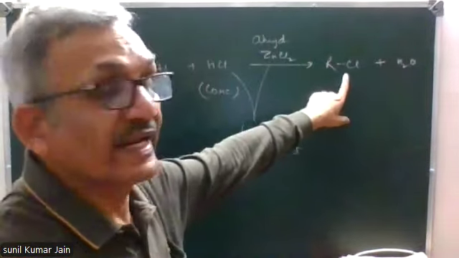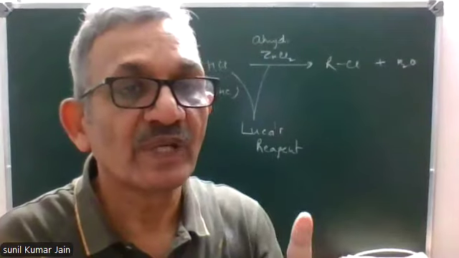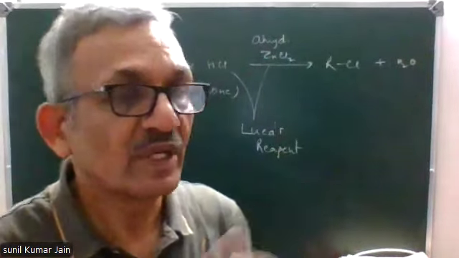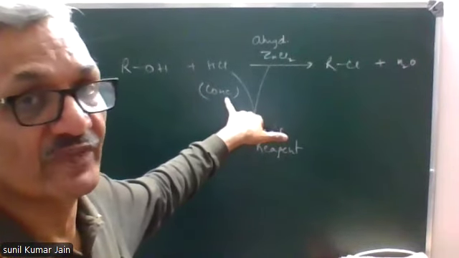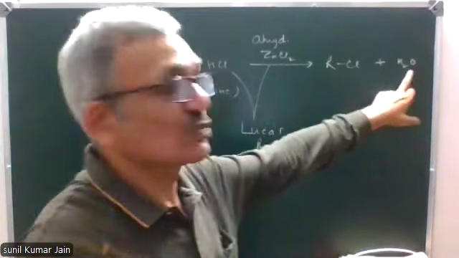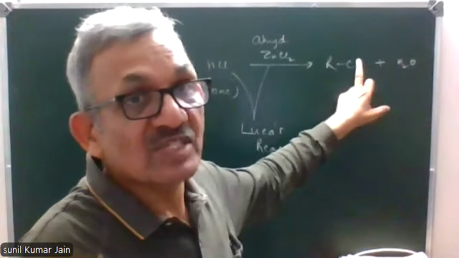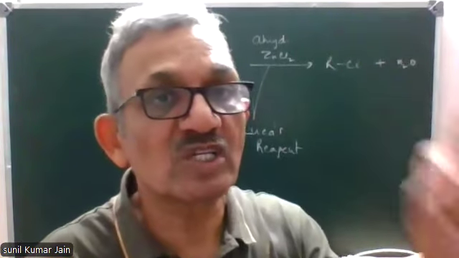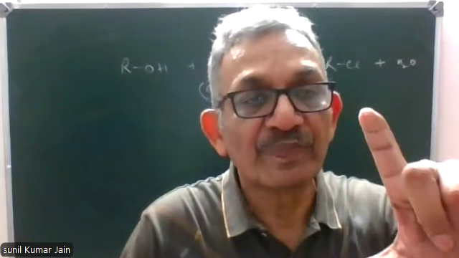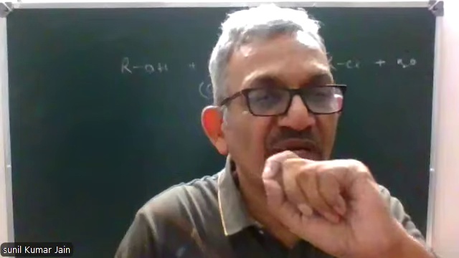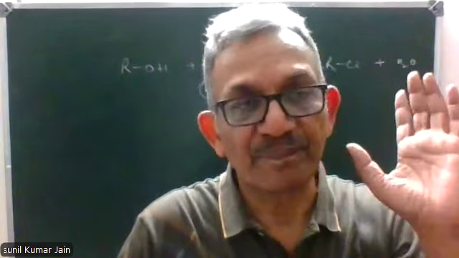So this alkyl halide produced will be insoluble in water. Which water are we talking about? The water present in concentrated solution of HCl, plus a small quantity of water produced during the reaction. But this chloroalkane produced will not dissolve in it. It will remain suspended in the test tube in the form of very, very small insoluble particles.